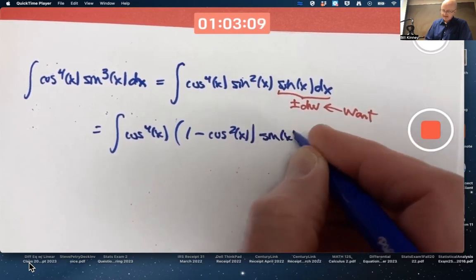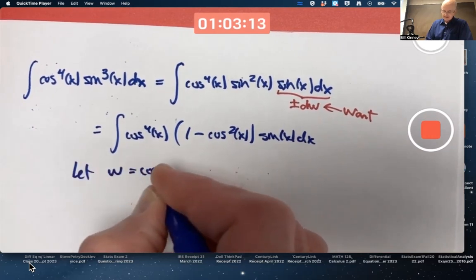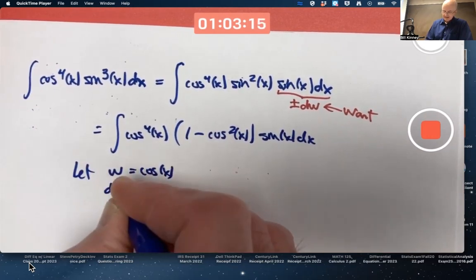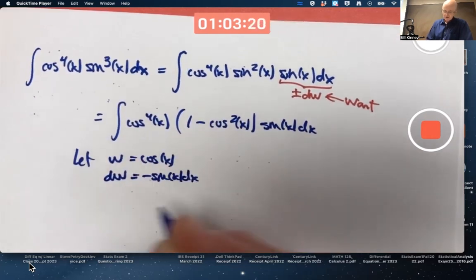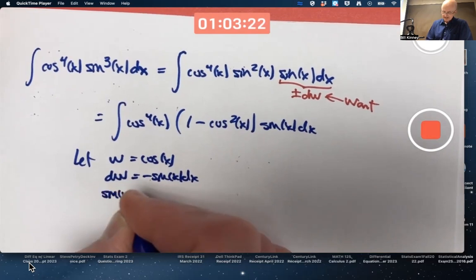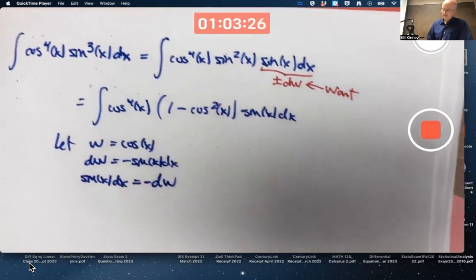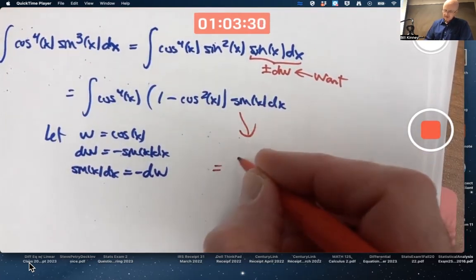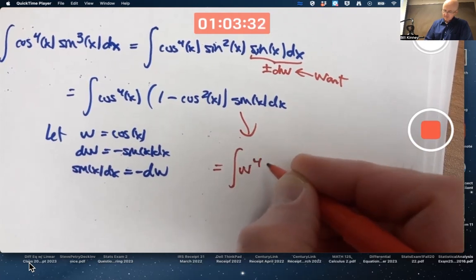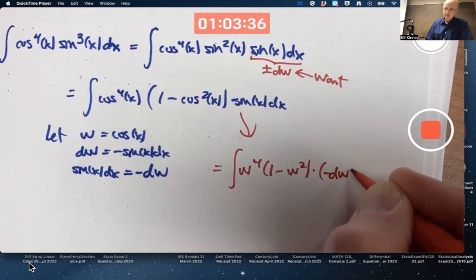I still have the sine dx here. Let w equal cosine of x. dw then is negative sine x dx. So that means sine x dx is negative dw. And this integral becomes the integral of w to the fourth times 1 minus w squared times negative dw.